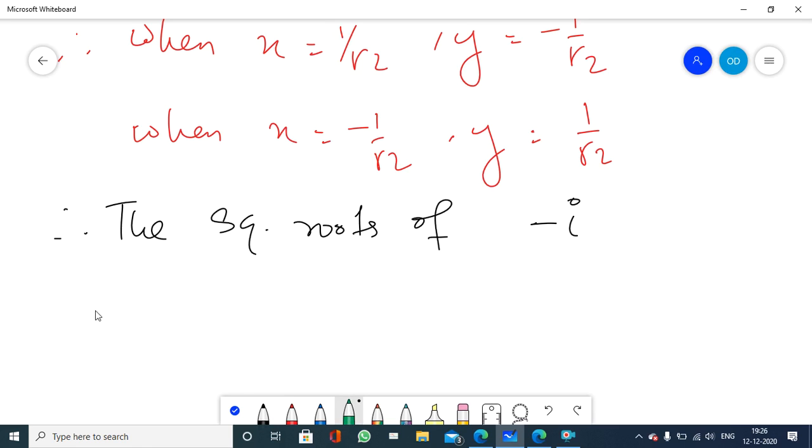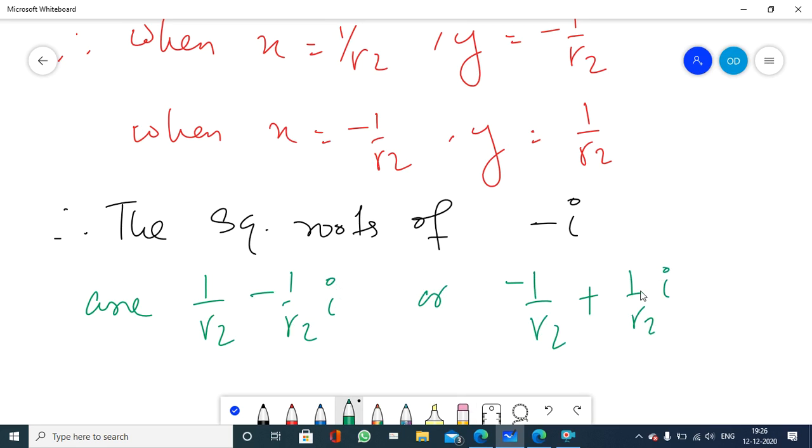One is 1 by root 2 minus 1 by root 2 i, and the other one is minus 1 by root 2 plus 1 by root 2 i.